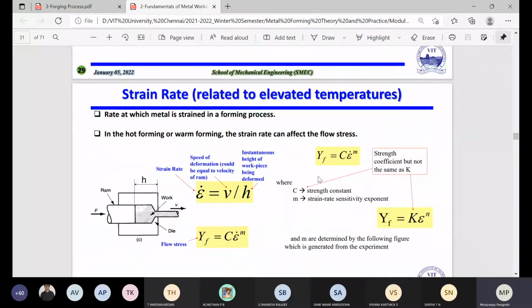But that is not necessary, no? Because they need only YF. Okay, so you can go, because K value is given. What is the K value? So 350, I guess. Yeah, 350 megapascal. The n value is also given.